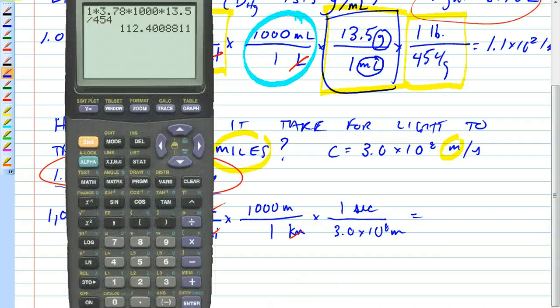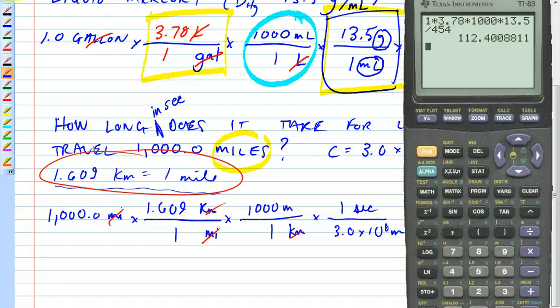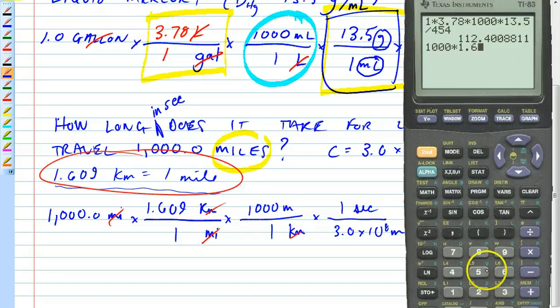So let's see what it is. 1,000 times 1.609 times 1,000 divided by 3, using my little double E button here, to the 8th. Why did I do 1,000 times 1.609 times 1,000?